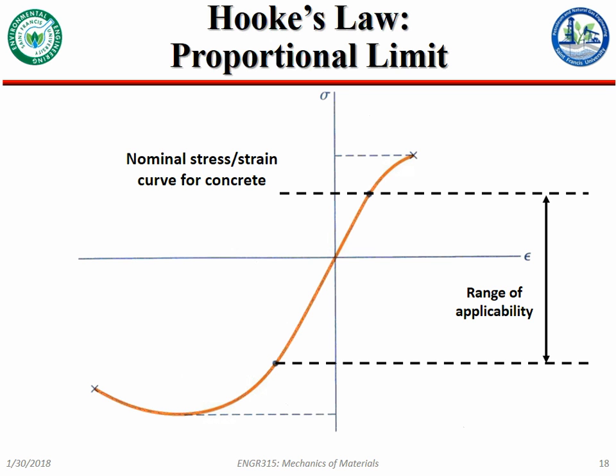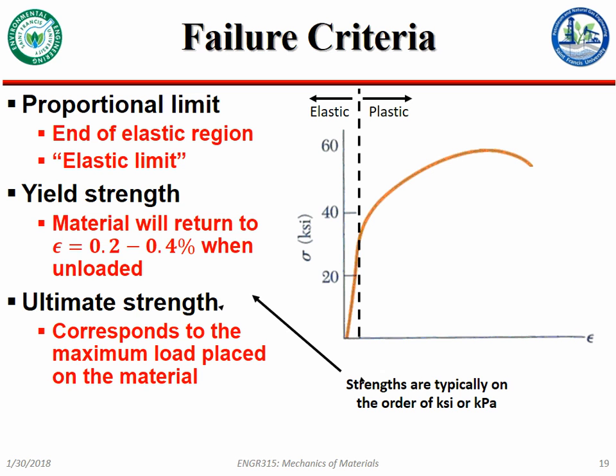The difference between the proportional limit and the yield strength is the definition of what strain the material returns to when it's unloaded. If the material is still inside the proportional limit, then by Hooke's law, if strain is 0, stress should be 0, or vice versa.